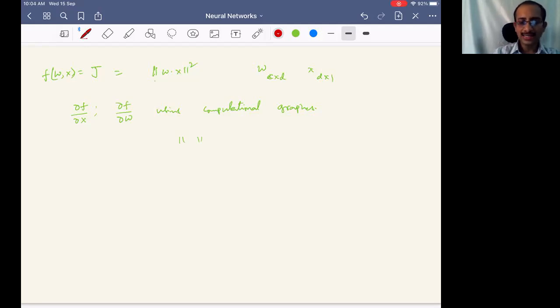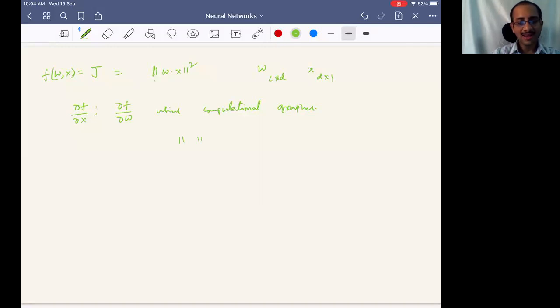And then we started discussing computational graphs. We have seen some examples for finding the local gradients and global gradients using computational graphs. So we started taking examples that are more realistic, more similar to what we deal with in neural networks. This is one such example where there is a matrix W, which is C cross D, and a vector X, which is D cross 1, and this is just the loss function.